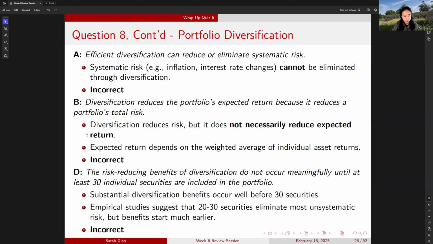So this one is also not true because diversification reduces risk, but it does not necessarily reduce the expected return. Expected return depends on the weighted average of individual asset returns, not on the total risk of the portfolio.